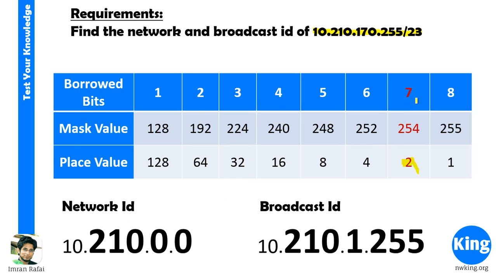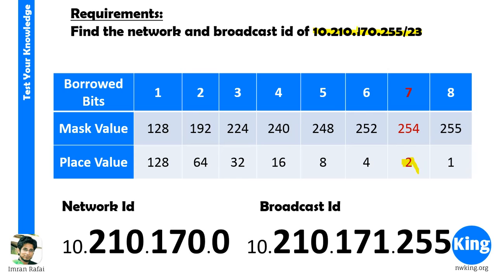So again we'll follow the same thing, 10.210.0.0 plus 2 you're adding, then you keep adding 10.4.0, 10.6.0, 10.8.0. It goes on and on until we reach 10.210.170.0 because that's what we are interested in. 10.210.170.0, 10.210.171.255. This is the network.